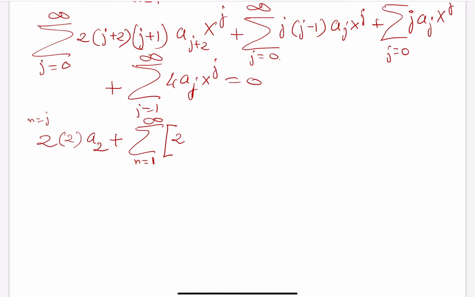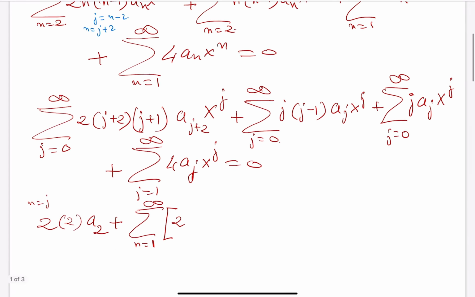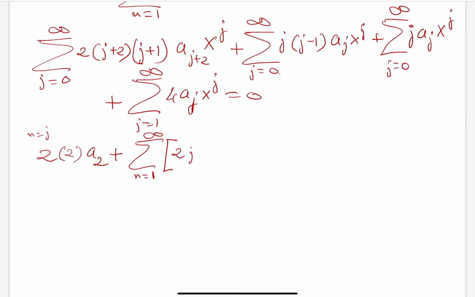It's just 2 times (j plus 1)(j plus 2). Let me change it to n.